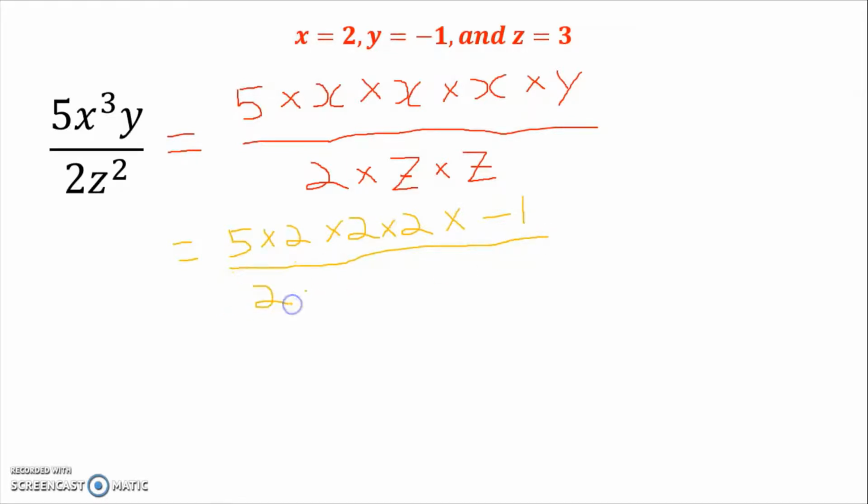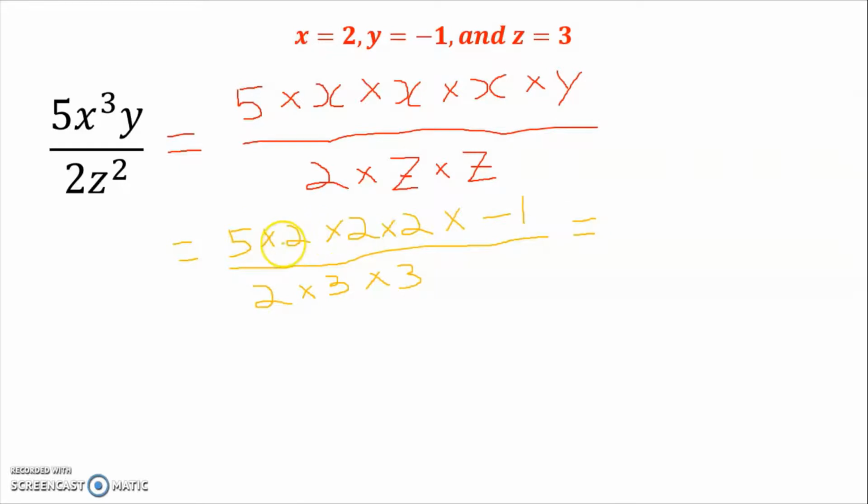Sorry, z equals 3, and times z again, so times another 3. Now we need to simplify that.